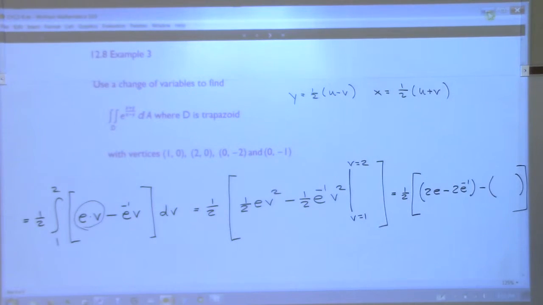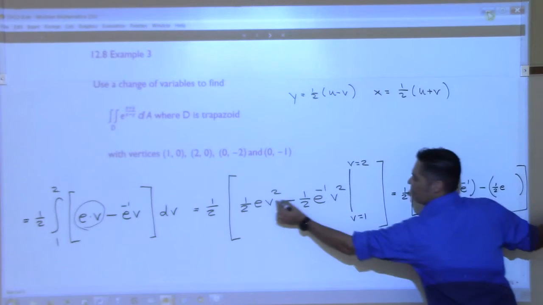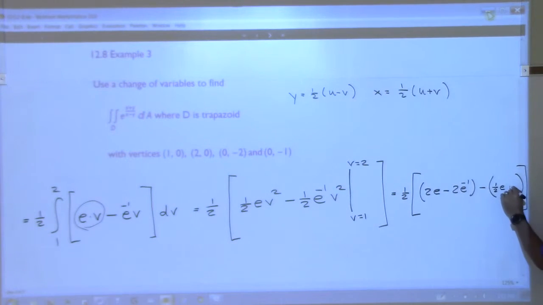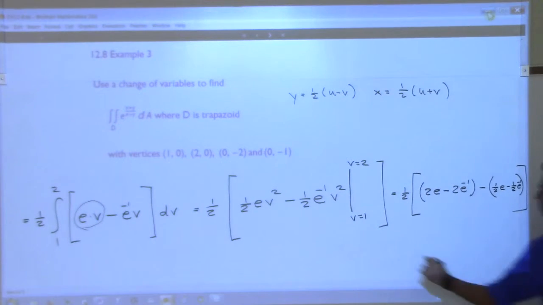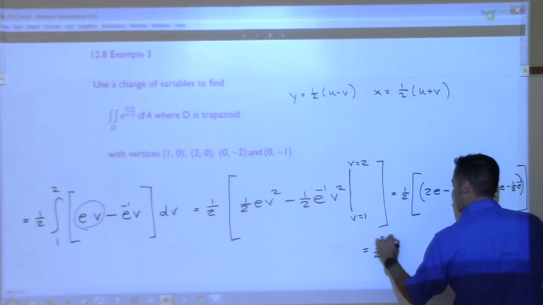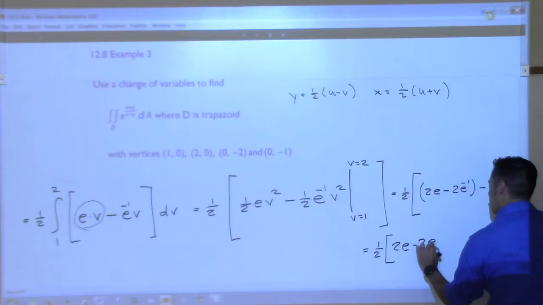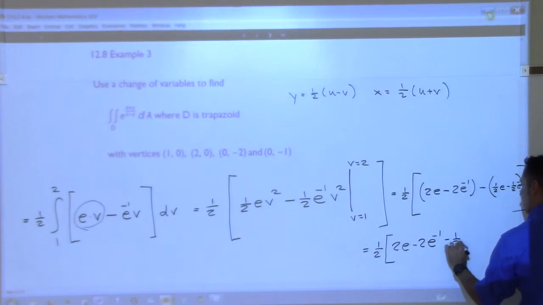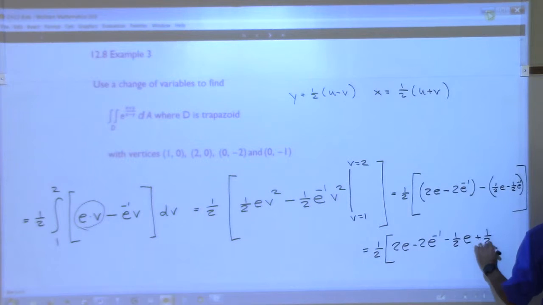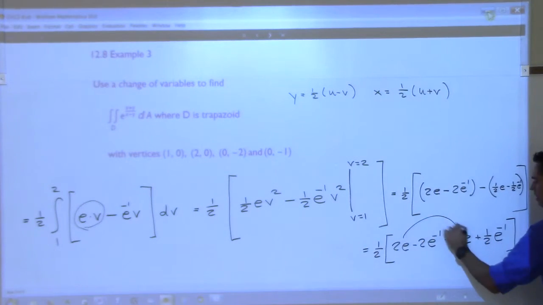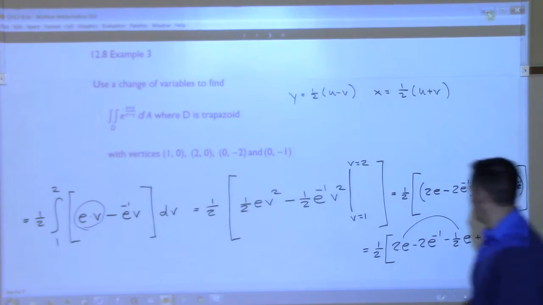And then plug in 1 into those. So 1/2 e, right? That's there. And then minus 1/2 e to the -1, which is 2e minus 2e to the -1 minus 1/2 e plus 1/2 e to the -1. Combine like terms. This one and this one: 3/2 e.